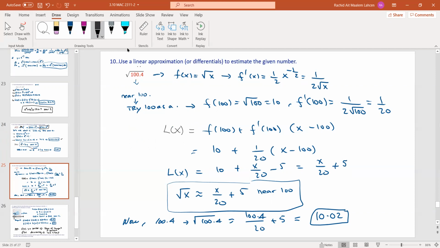And we substitute the values, and we get x divided by 20 plus 5. So we are saying that the square root of x is the same as x divided by 20 plus 5 near 100, right?